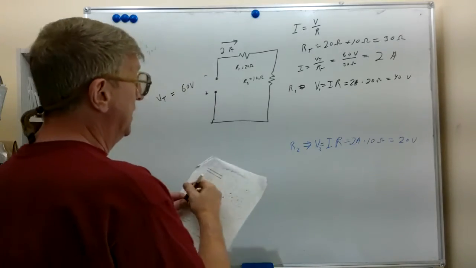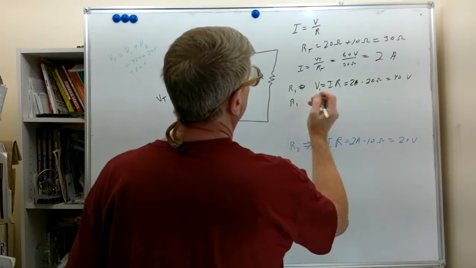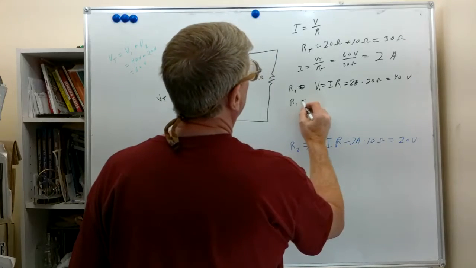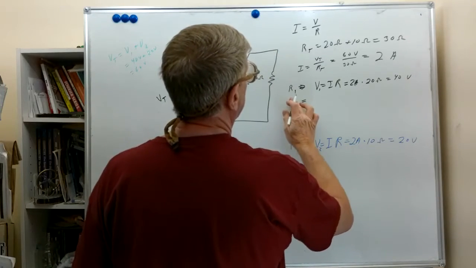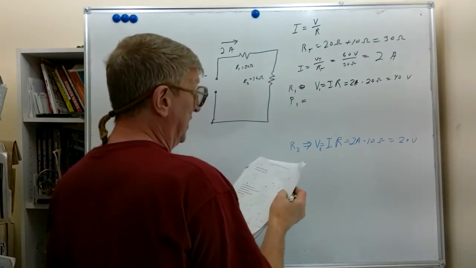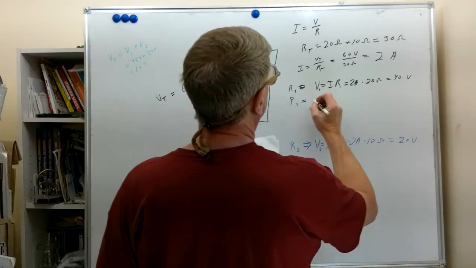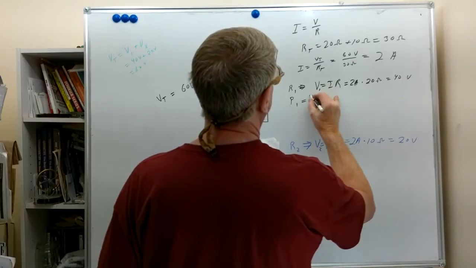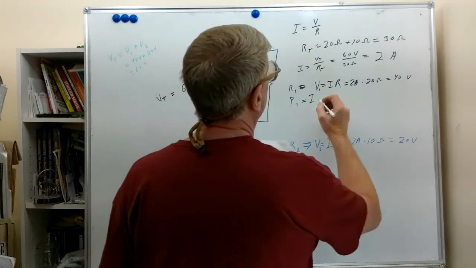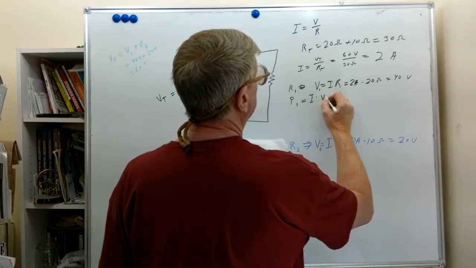Well, power 1, that's the power dissipated by resistor 1, and we're going to say that's a P. Power 1 equals current I1 times V1.